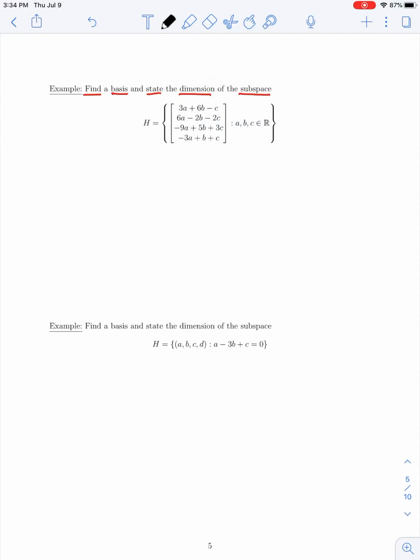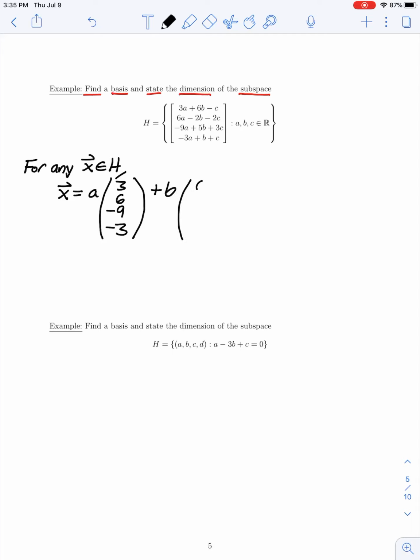So as with our previous examples, we can see that for any vector x in H, we can express x as a linear combination of vectors with weights A, B, and C. So for instance, we would have A times 3, 6, -9, -3, plus B times 6, -2, 5, 1, plus C times -1, -2, 3, 1.